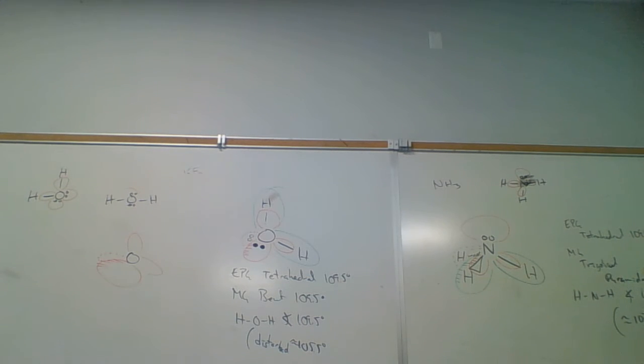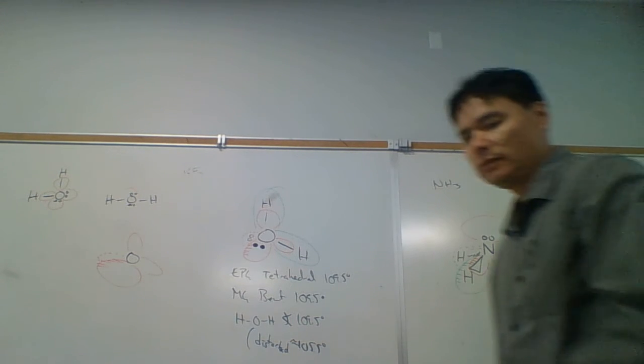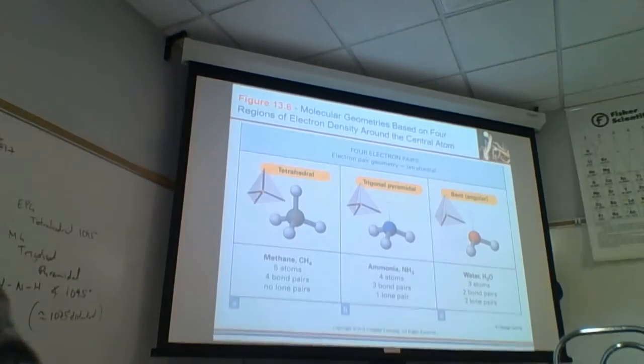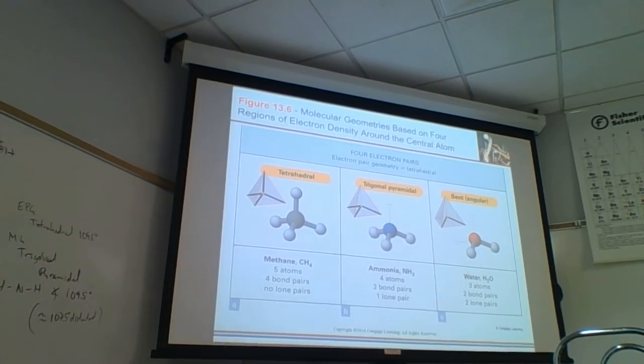This is trigonal pyramidal, and the H-N-H angle is 109.5 or distorted about 107. This is bent. The HOH angle is 109.5 or distorted about 105. Those are these molecules here.